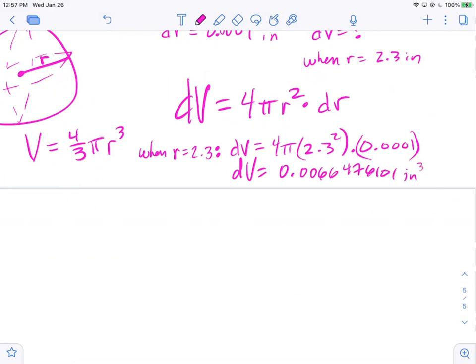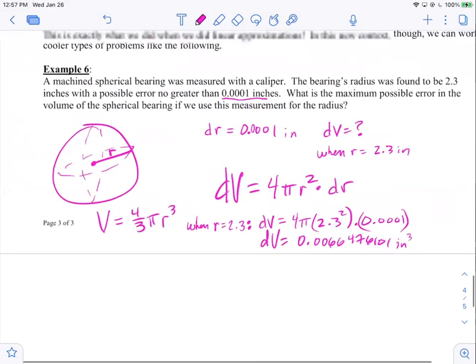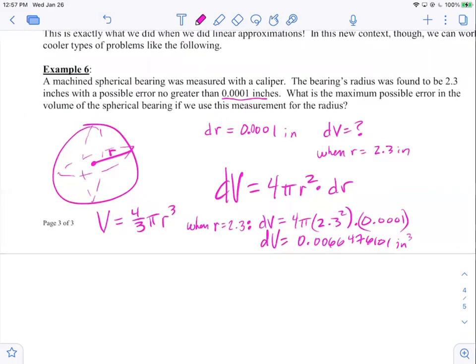So what is the meaning of that? The volume will differ by no greater than that. So if we're machining these ball bearings and 2.3 inches is our desired radius, or 4.6 the desired diameter, according to whatever we're going to be using these for, they can differ by up to 1/10,000th of an inch.